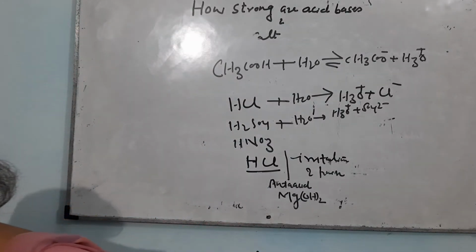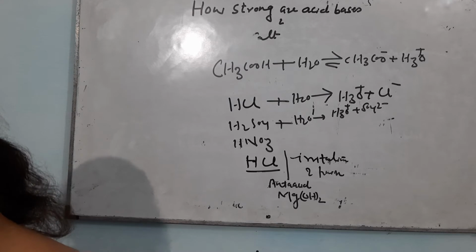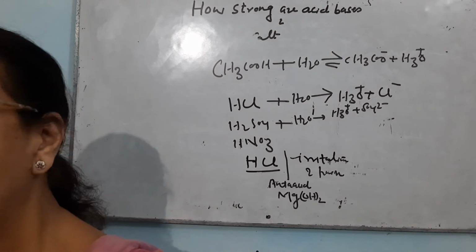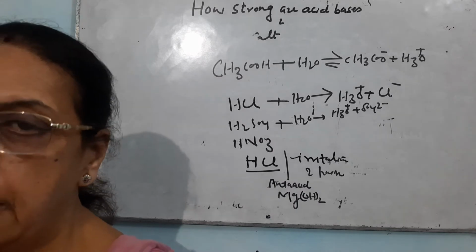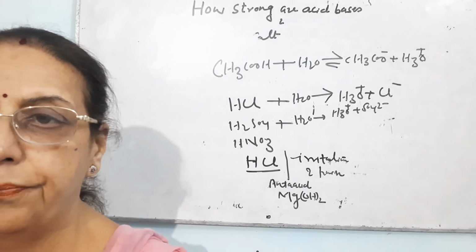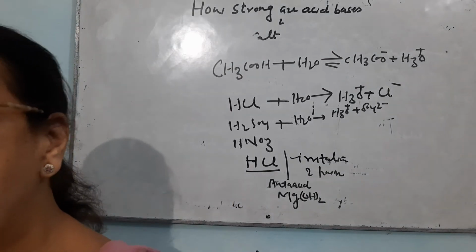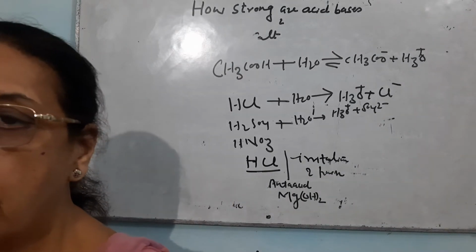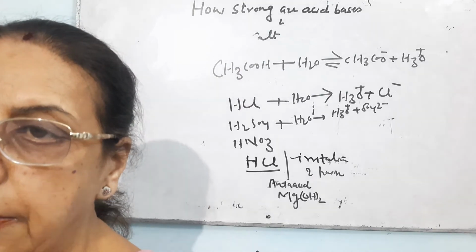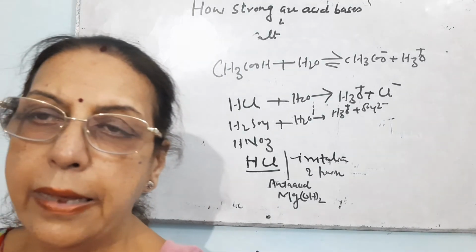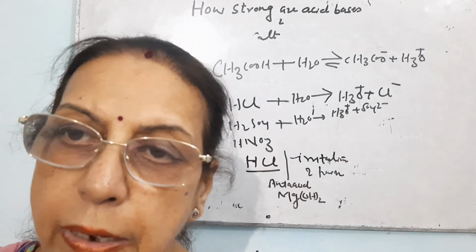Similarly, pH change causes tooth decay. You know, the hardest substance is tooth enamel. This tooth enamel is made up of hydroxyapatite, a substance just like calcium phosphate.